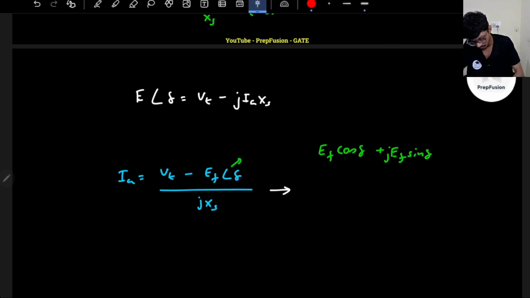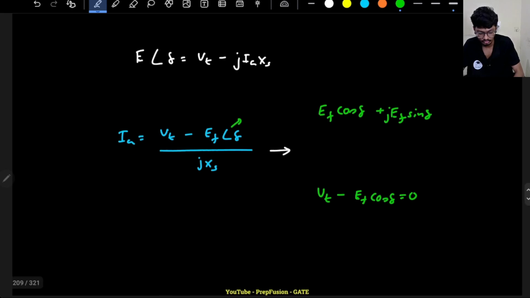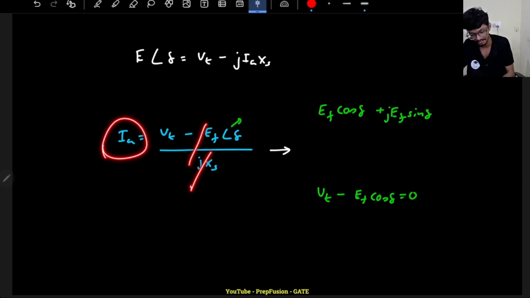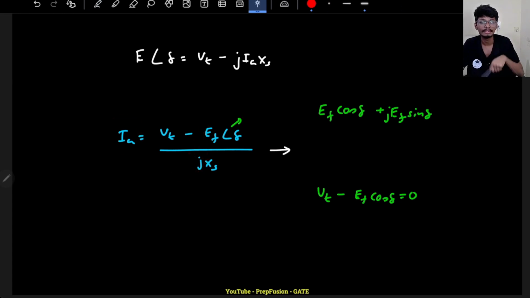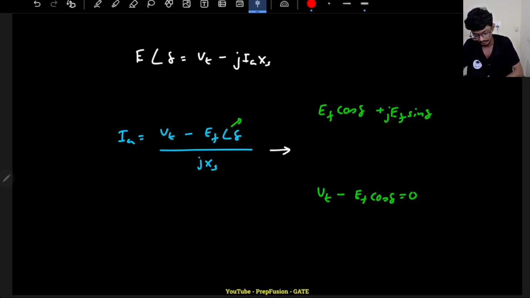So the real component must be totally cancelled out, so Vt minus EF cos delta must be 0. Why must it be 0? Because the numerator and denominator both must be purely imaginary, so that j gets cancelled and Ia comes out purely real. Even if there is a slight real quantity, the j term will not cancel. That is why this has to be equal to 0.